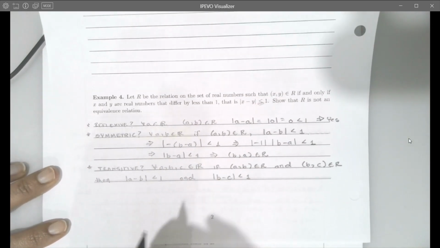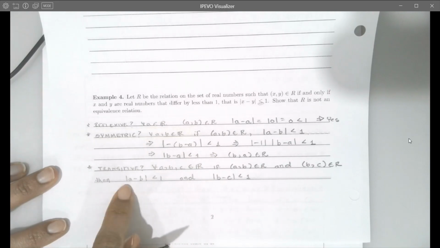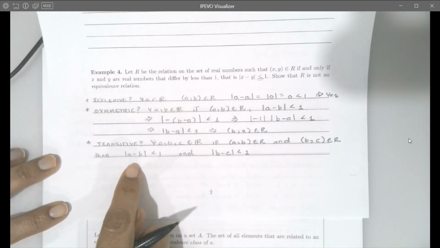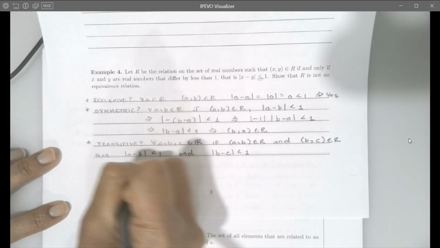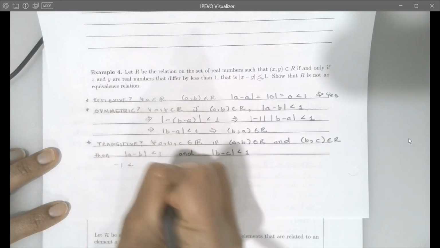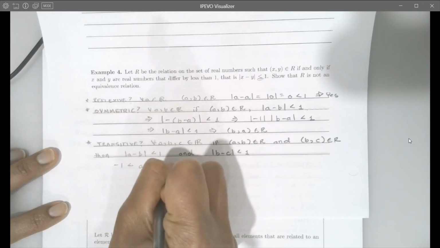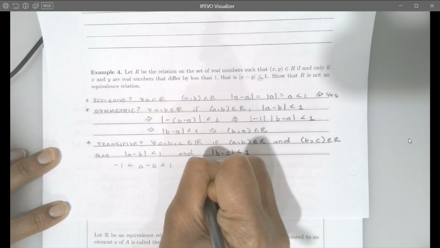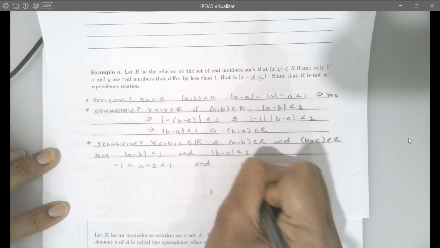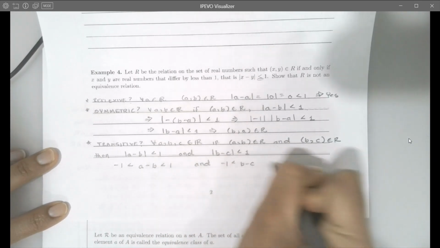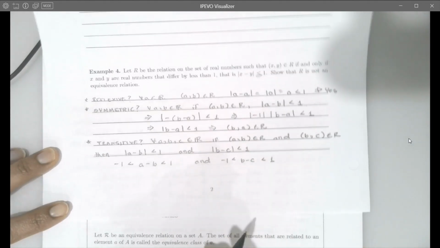Okay. What that means, if we consider the definition of absolute value, is that negative 1 is less than A minus B, which is less than 1, and B minus C will be greater than negative 1 but less than 1.